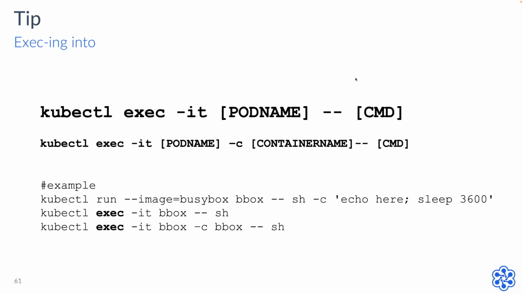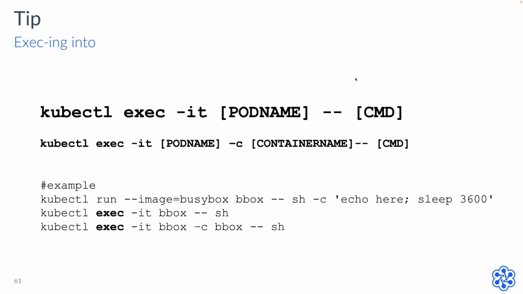The final tip for troubleshooting: the kubectl exec command can be used to drop into a running pod. So kubectl exec -it, pod name, and then -- you provide it the command. In terms of troubleshooting, you more often than not will want to leverage sh for shell, or bash if you want to bring up bash and it's available on the pod.